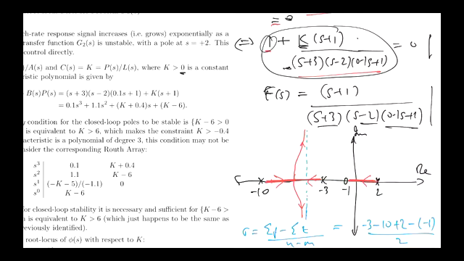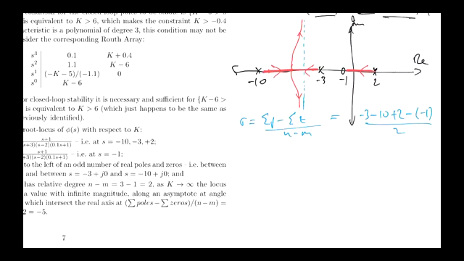Right? Now, you could try to figure out what the value of k is by trying to find where the characteristic polynomial has an imaginary root. Okay, because that point there is j0. All right? Your characteristic polynomial is really a function of s and k, right? And we're trying to make that equal to 0.